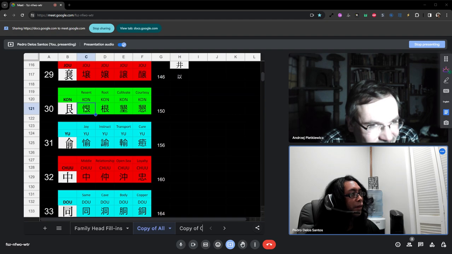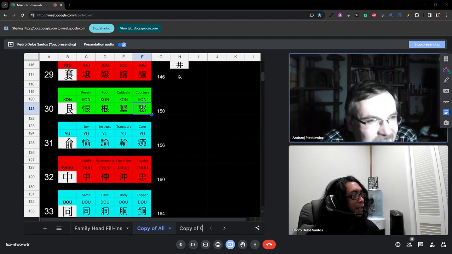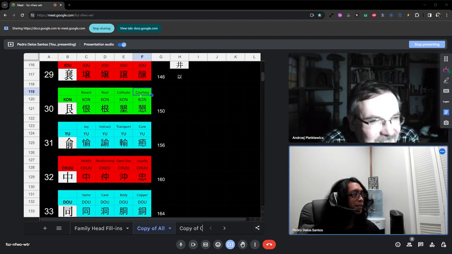So you have heart on the left, so this means to resent. We have tree, this is root, and then you have beast, and then you have obviously that, and then you have beast and earth, cultivate. Beast and heart, courtesy. So being kind to the beast, basically. So that's kon.